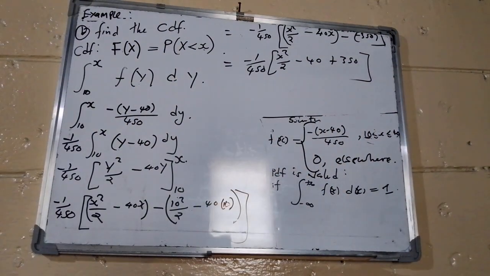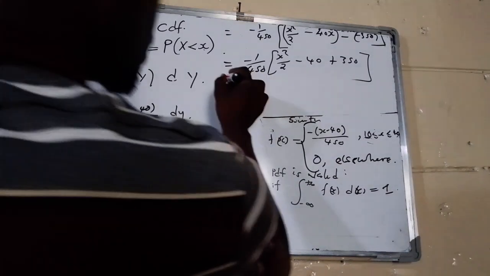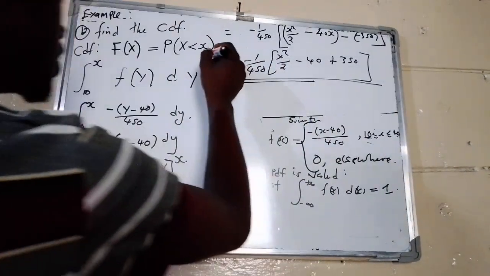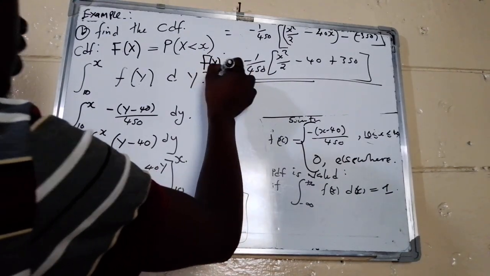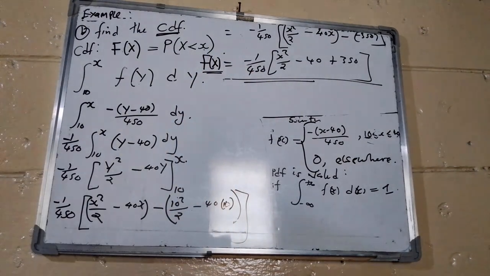Now this function which has been formed is the capital letter F of x, which is called the CDF, the cumulative distribution function for the PDF.